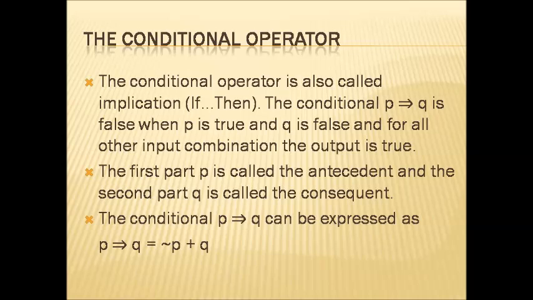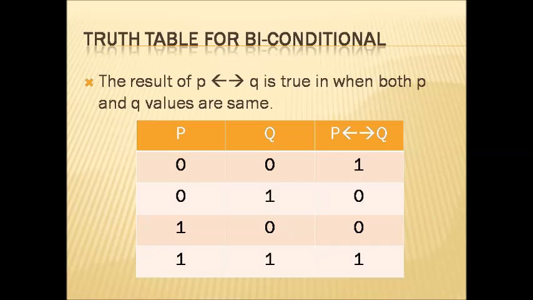Now we are going to see the truth table for the biconditional. The biconditional is also called equivalence. Here you can see that in the case of the biconditional operator, it will return true in all the cases where the propositional values are the same.